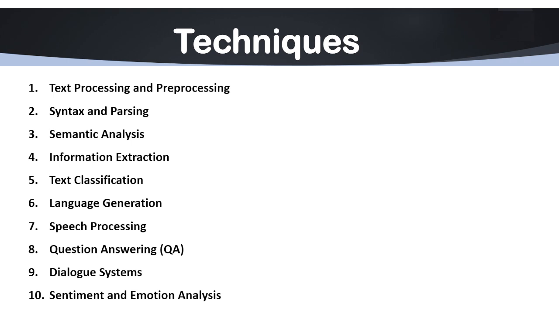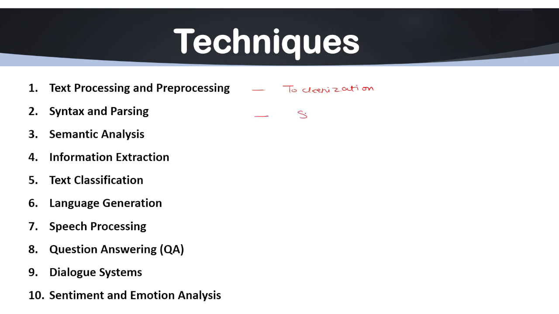So here we have the first technique, that is the most important technique. It is your text processing and pre-processing. Tokenization that we have discussed earlier is taken under your text processing and pre-processing algorithm. So it helps to split the text into smaller units such as words and sentences.